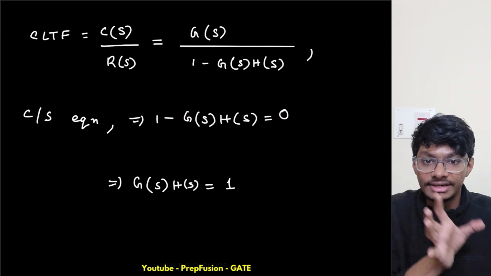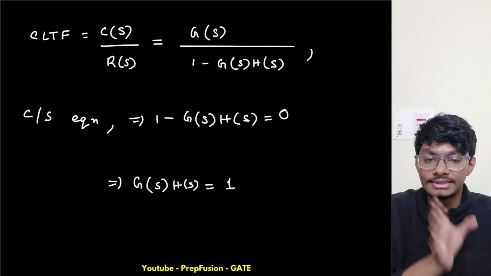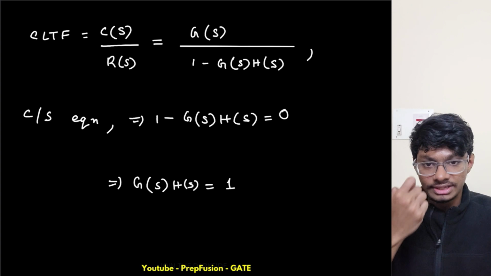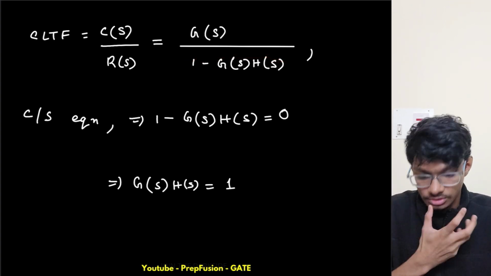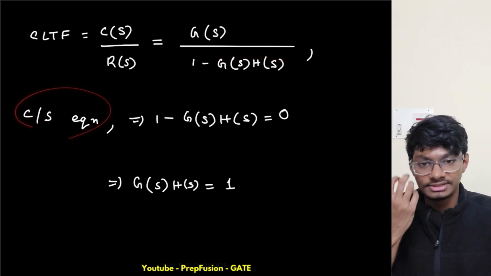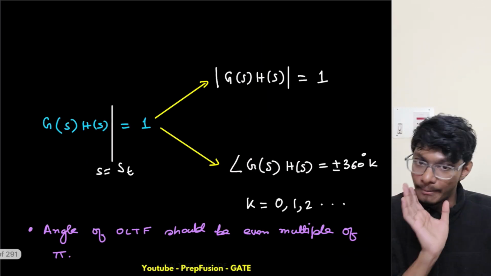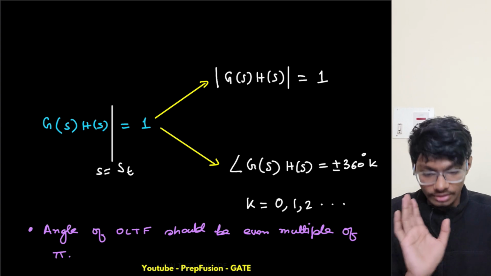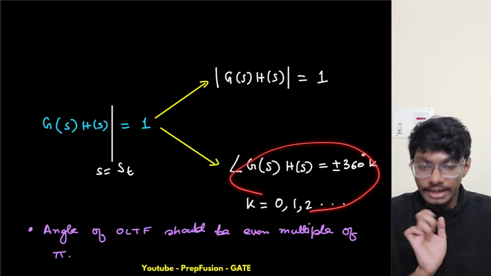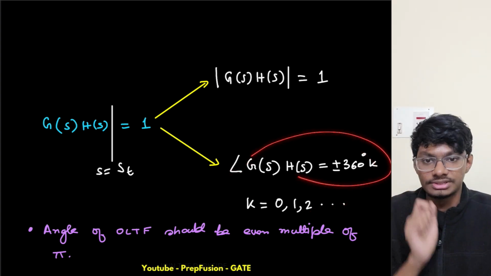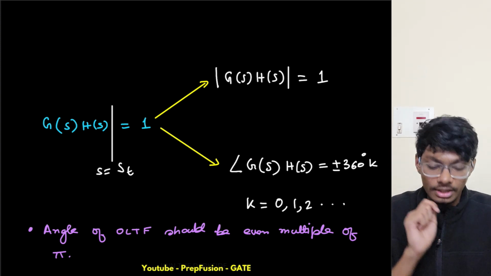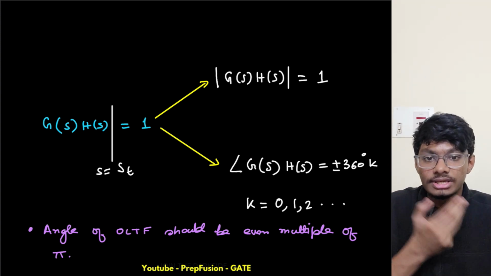Then my OLTF condition for any test point to lie on the CLTF, basically for the poles, the characteristic equation should be equal to 0, and the condition has changed. It has become +1 instead of -1. So magnitude will be the same, equal to 1 only, but my angle condition will change. It will be ±360, right? So it is basically an even multiple of pi.